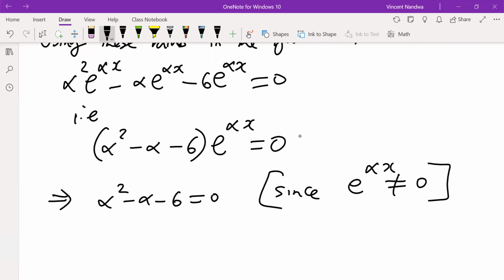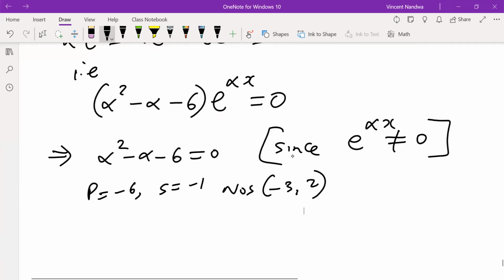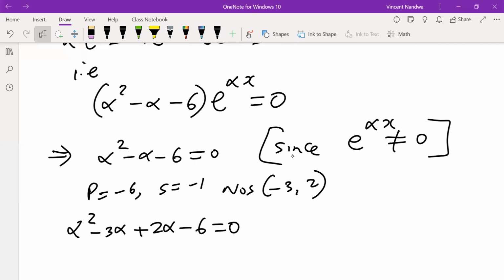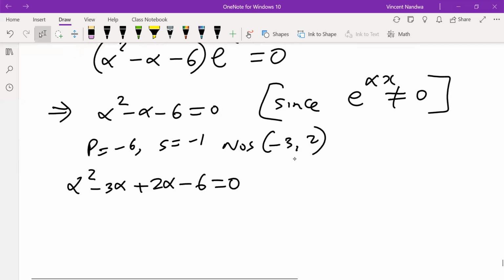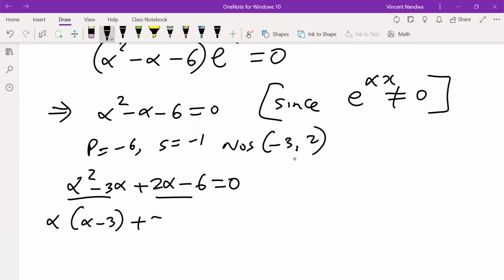Now, with this quadratic in alpha, product is minus 6, sum minus 1, numbers minus 3 and 2. So we'll have alpha squared minus 3 alpha plus 2 alpha minus 6 equals 0. Now this pairs as alpha into (alpha minus 3) plus 2 into (alpha minus 3) will give us 0.